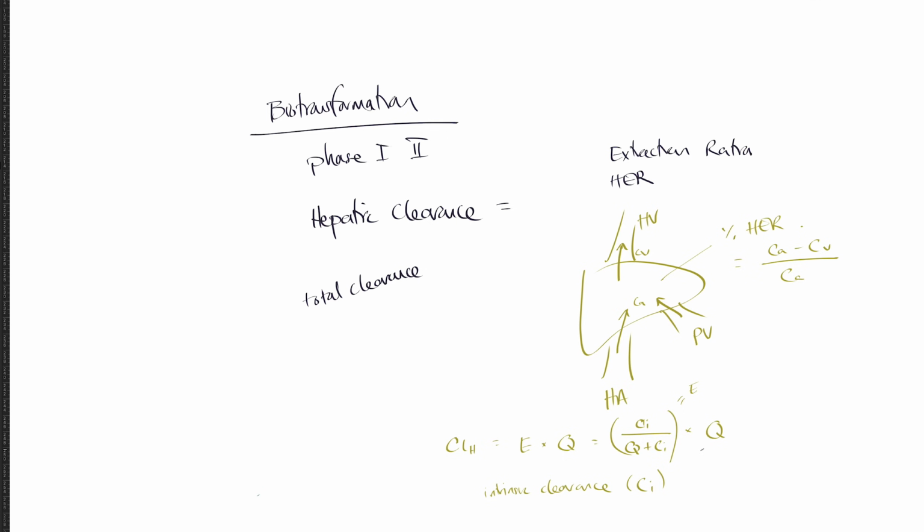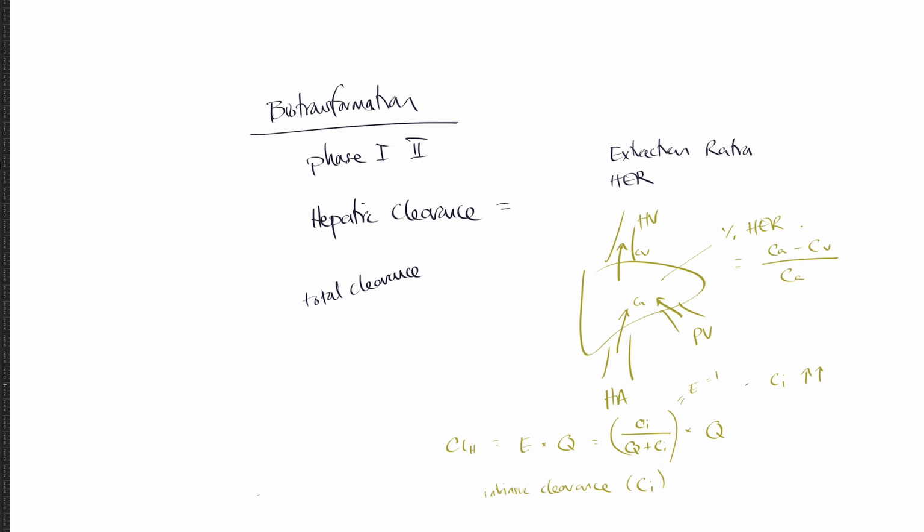Now, what we often talk about are two different scenarios. One where your intrinsic clearance is very, very high. If your intrinsic clearance is incredibly high, then essentially this E is essentially 1.